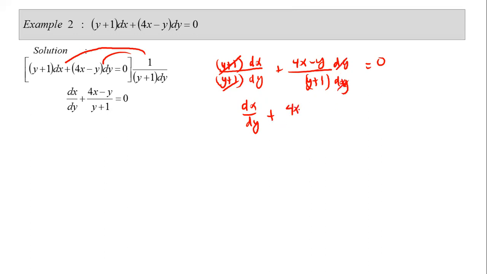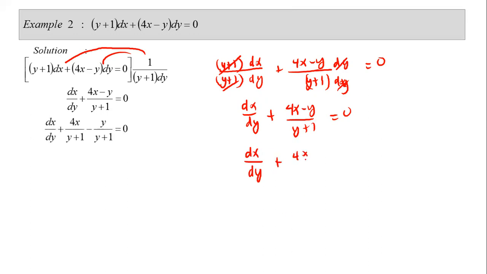So you only have 4x minus y all over y plus 1 equals 0. And then you can now distribute y plus 1 each term on the numerator. So you have dx dy, all right, plus 4x all over y plus 1 minus y all over y plus 1 equals 0.